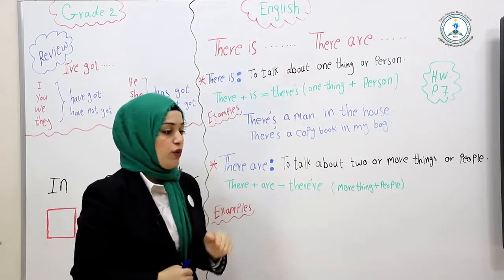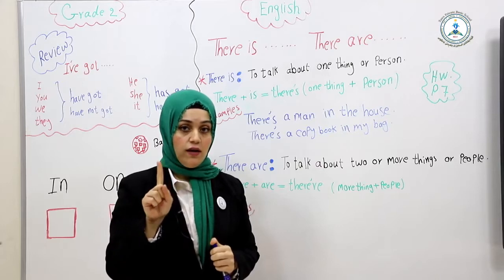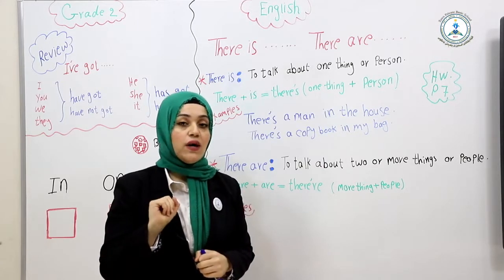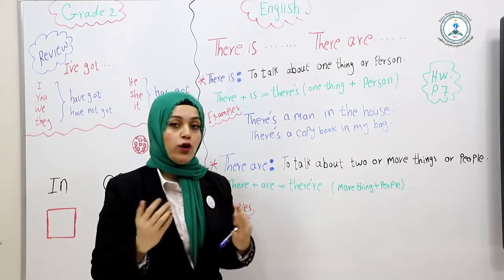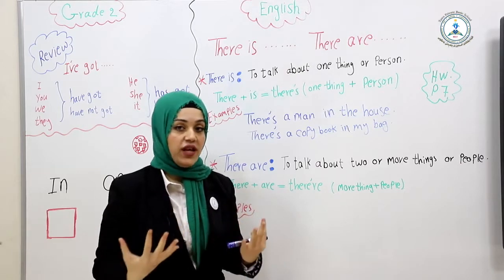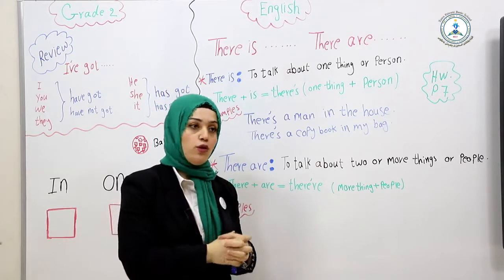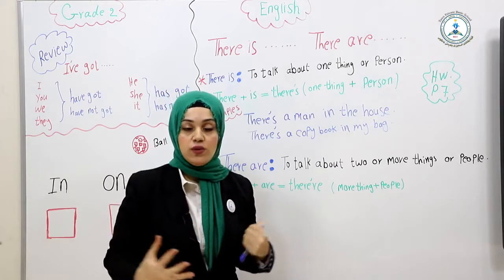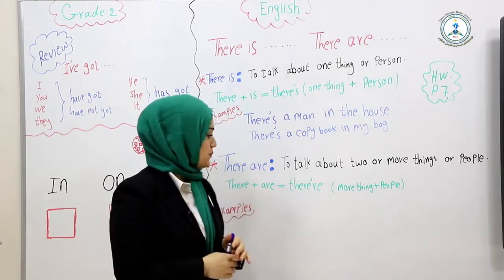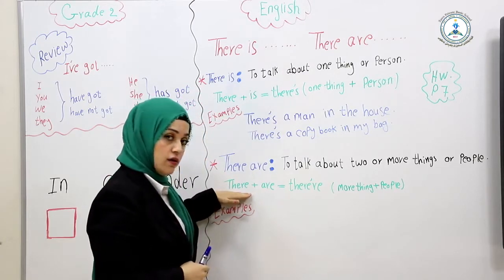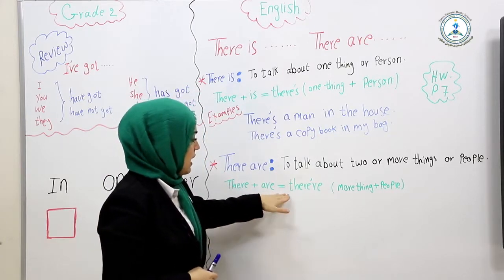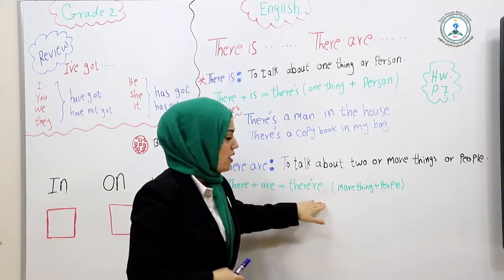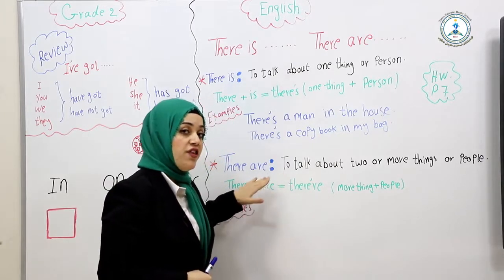So we use there is for one thing or one person, but we use there are for more people, more things, a group of people or a group of animals, a group of stuff that we use in our daily lives. We have there plus are, and there are is the form we use for them.